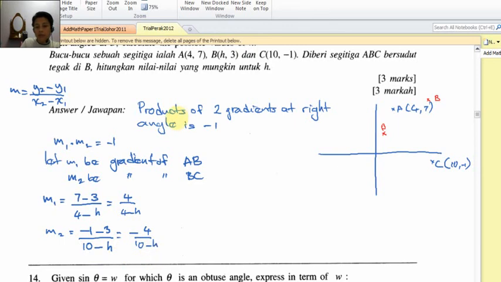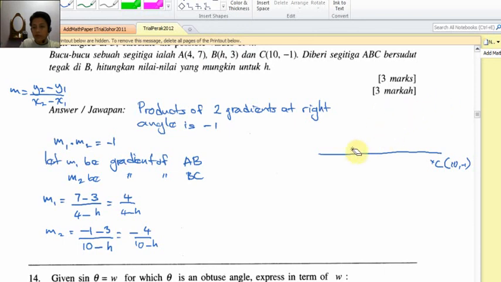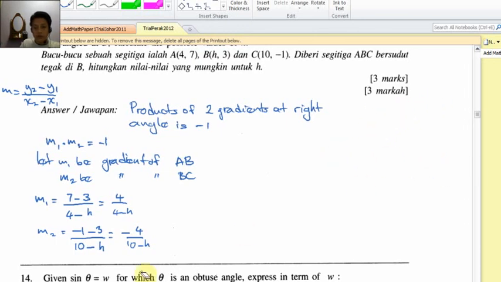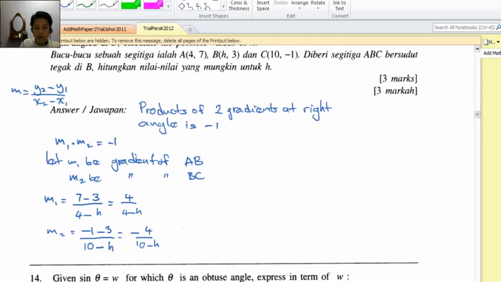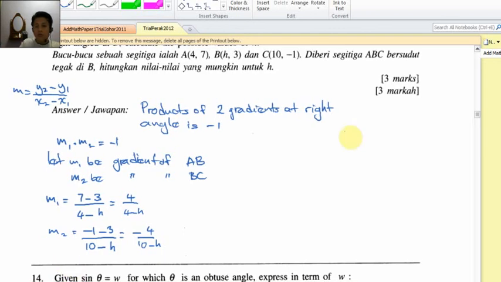Alright, then you don't really have enough space here, so let me delete the graph so that I have enough space on the right. Remember, m1 times m2 is equal to minus 1. So 4 over 4 minus h times minus 4 over 10 minus h is equal to minus 1.